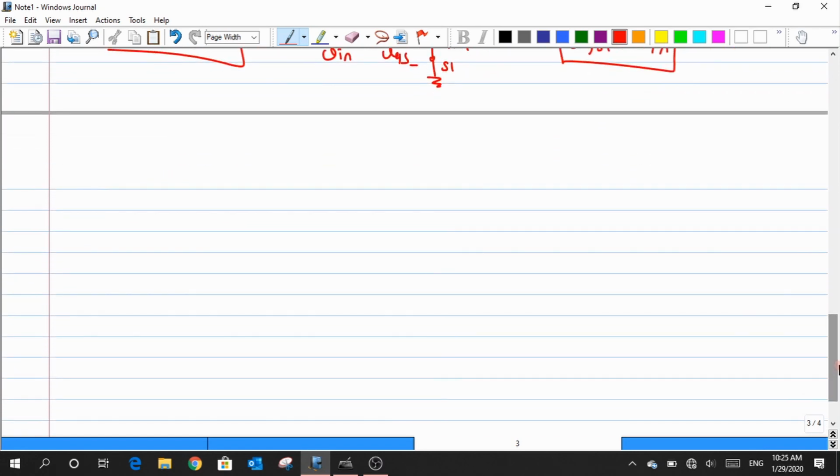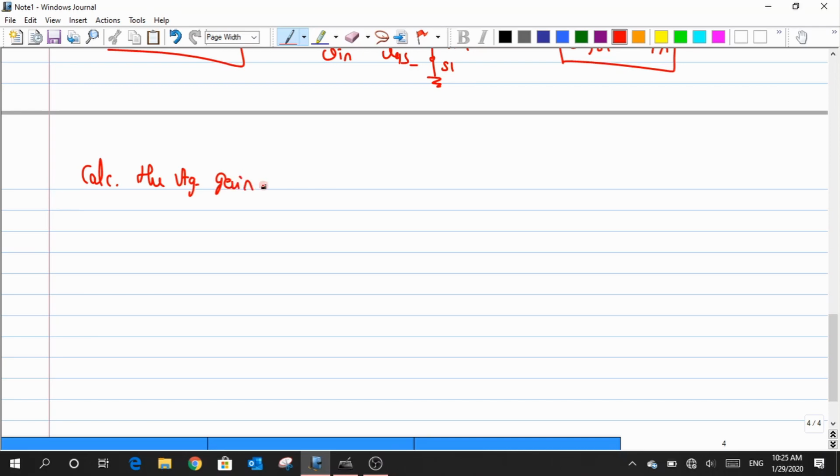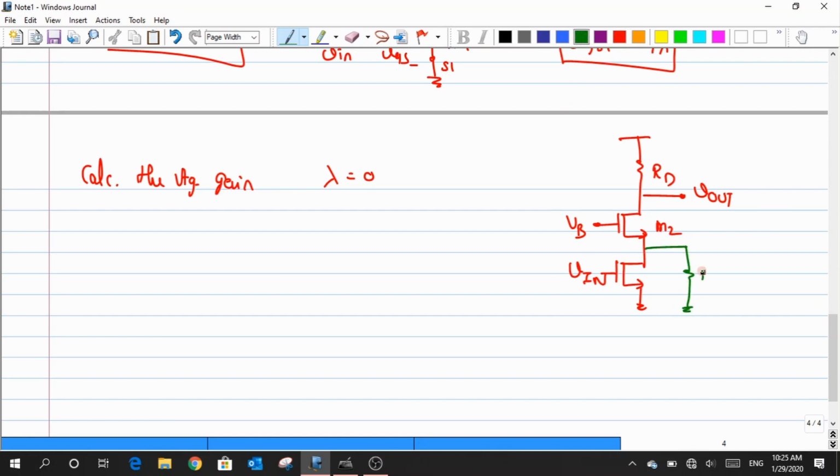So now let us compute this. One of the tricks that I'm going to use is that I have a resistance RP. Now that you need to find GM, once you have this GM, computation of output impedance is pretty simple.